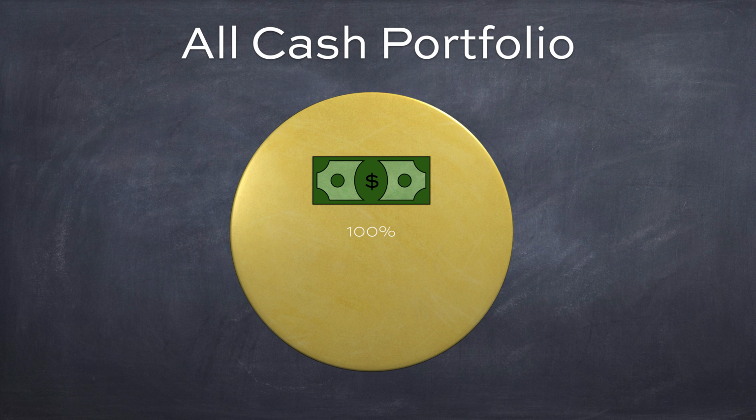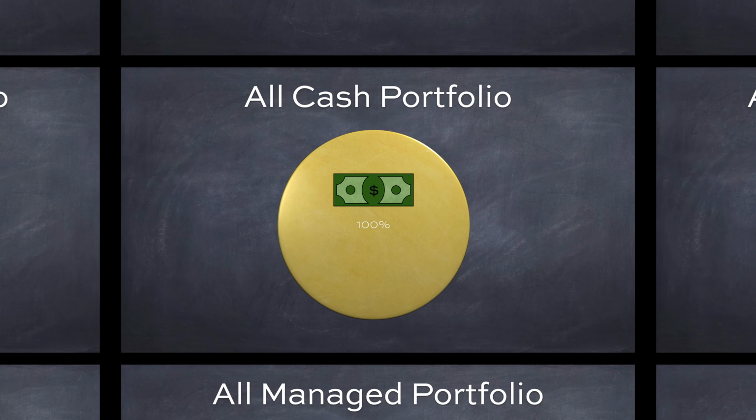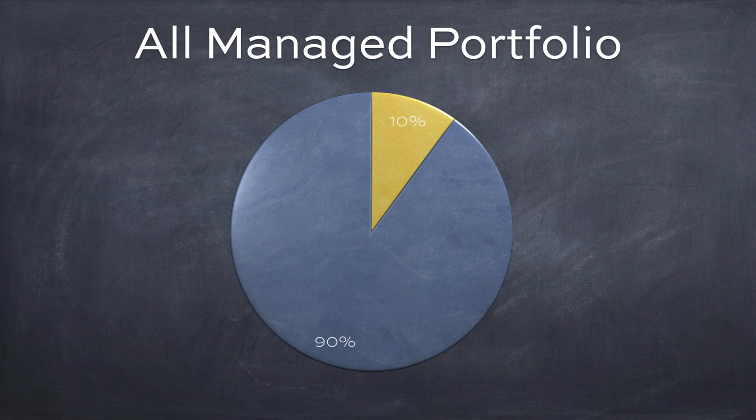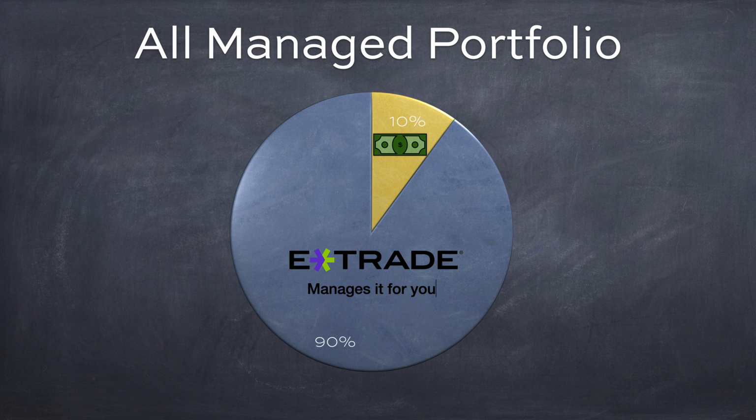If you are too risk averse and you don't want to manage anything yourself, this is what I would recommend, the all managed portfolio. So that would look something like this. You hold 10% in cash, and it doesn't even have to be 10%, it could be 20%, 40%, whatever, but the idea is the rest of it that you don't hold in cash, you have a third party manage it for you, like E-Trade or TD Ameritrade, and they just manage the rest of the assets for you, and they would tend to pick safer stock picks, ETFs and stuff that try to get around 5% per year.